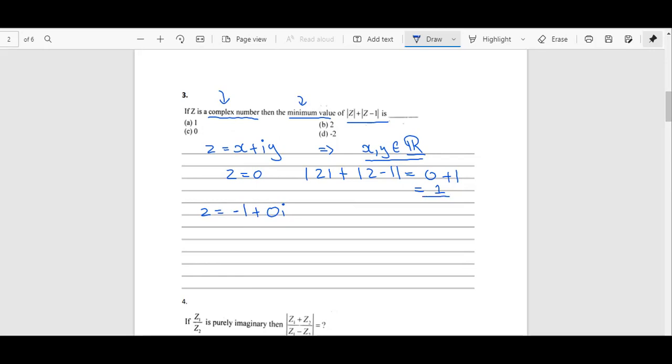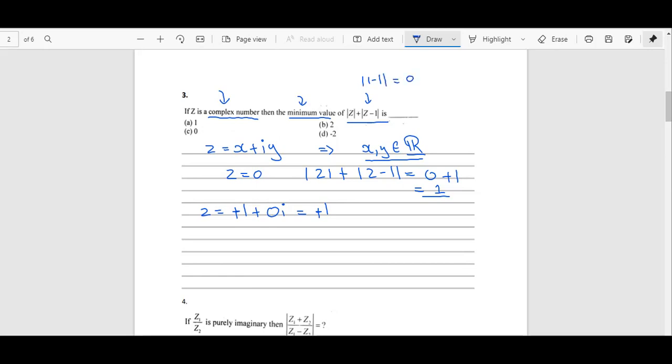And now I'm saying that if I choose z equals 1, what made me choose it? Because we have to find the minimum value, and I can see that if I choose z equals 1, this mod would basically become 1 minus 1, that is 0. So this made me choose this, right?